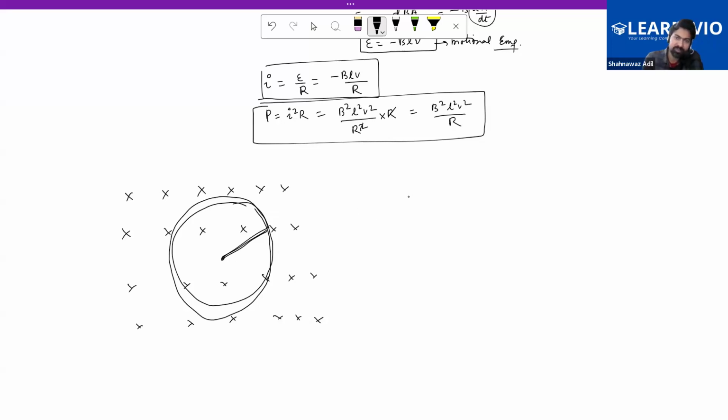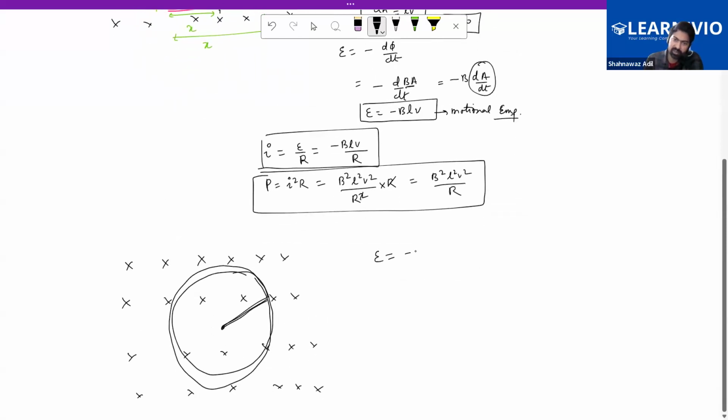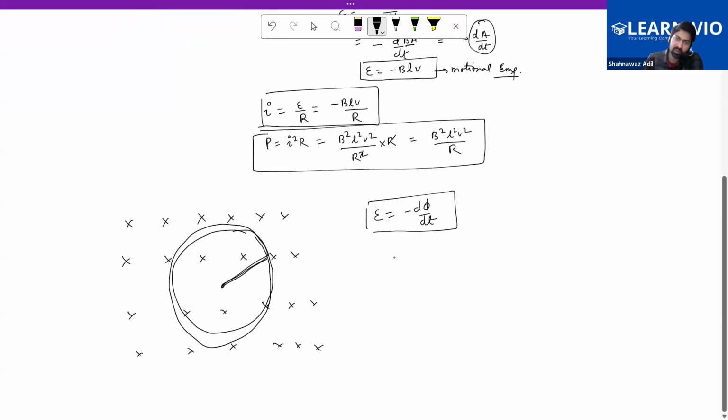We know that this E is dφ/dt, right? And this is small de, so this would be simply B v dx, where the length is x.